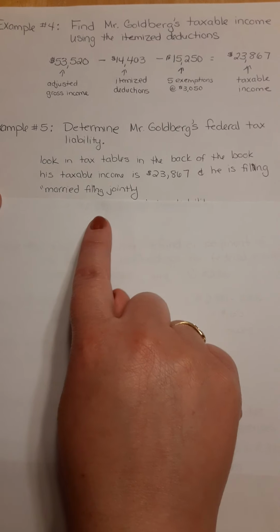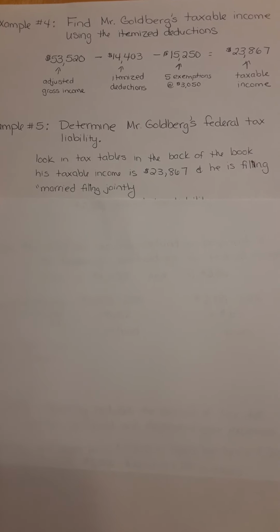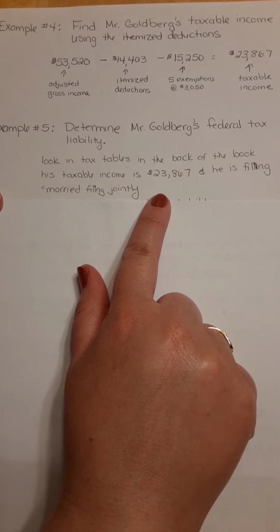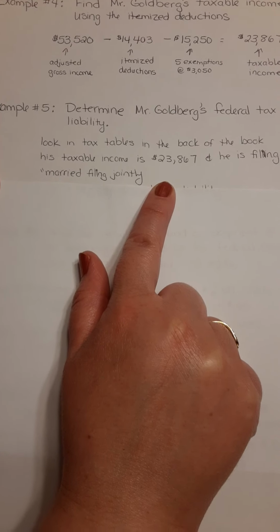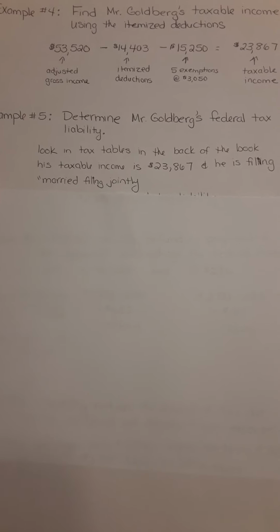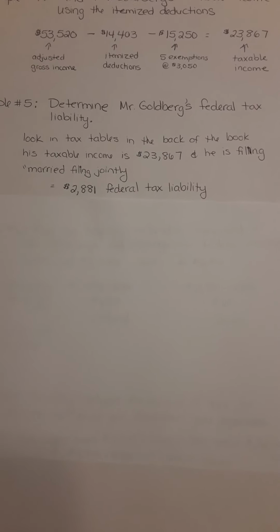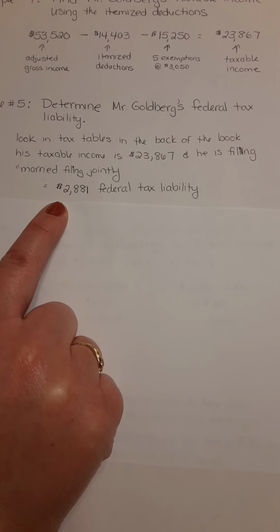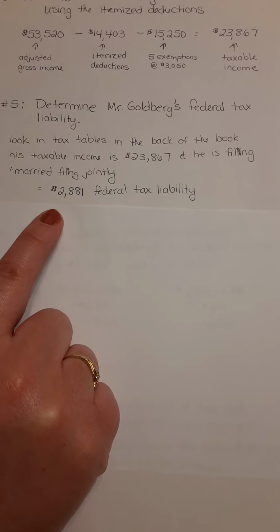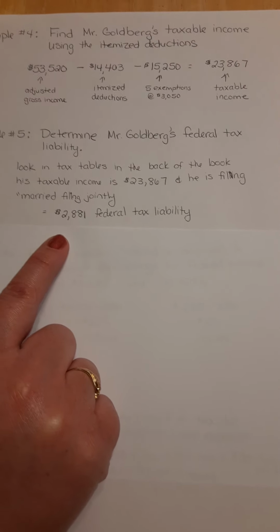And he's filing jointly. And so we flip to the back of the book, look in the table for where his income falls in. You're looking under the $23,000. And you find it, go across the table to where it says married filing jointly, and you find that his federal tax liability is $2,881.